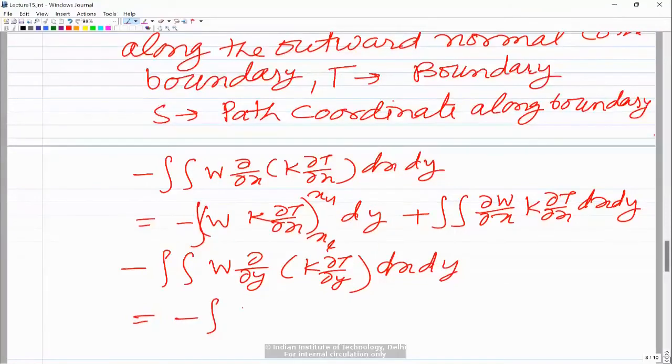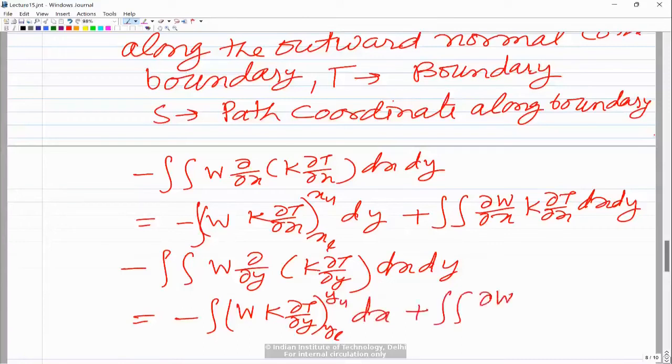So now we will have w into k into del t by del y, because the second function is integrated with respect to y, so one y derivative goes. This is evaluated at the lower value of y and the upper value of y into dx, and plus we will have the integral of del w by del y, the derivative of the first function, into the integral of the second, k into del t by del y into dx dy. So this is what you will have.